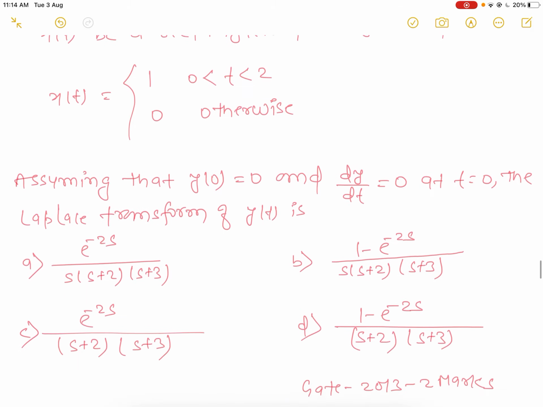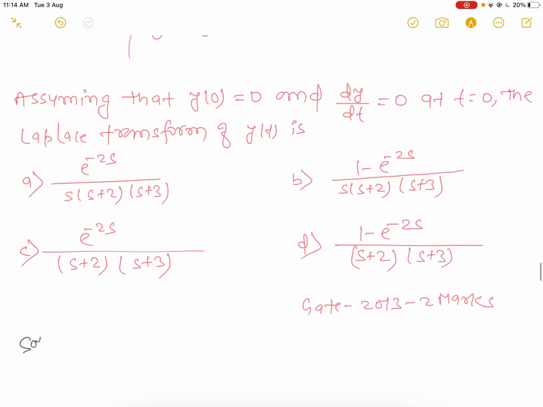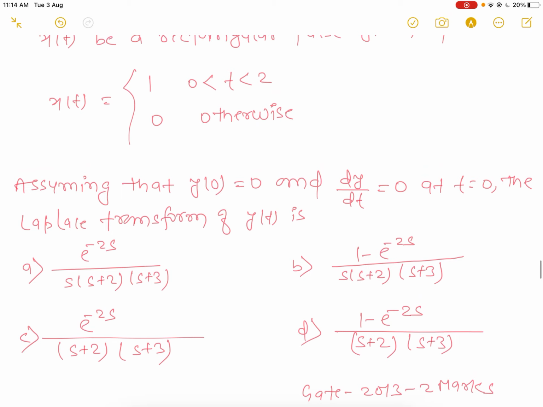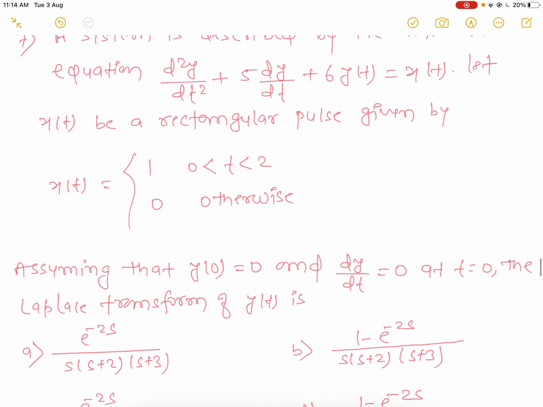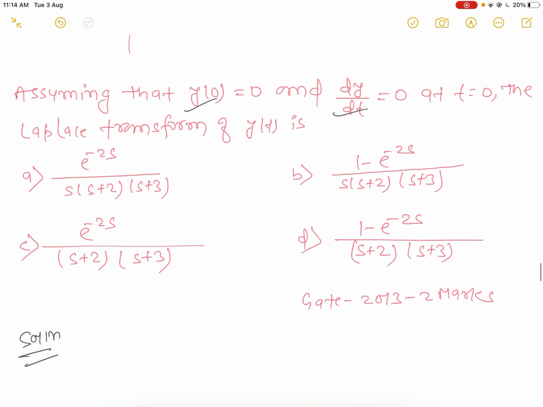First of all, check it: everything is zero. The initial conditions y(0) and y dash (0) are both given as 0.